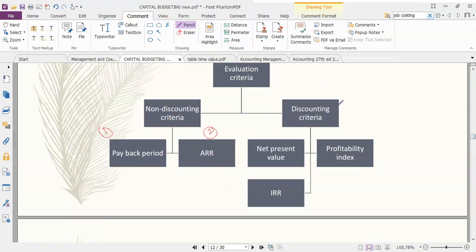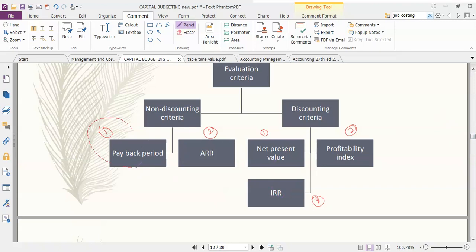Okay, for discounting criteria, you have three methods to determine whether business can accept the investment or not. Okay, net present value. You must know how to calculate net present value, profitability index, and also internal rate of return. Okay, you must understand how to calculate these five terms.